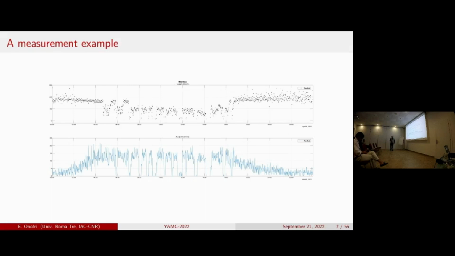Here we have a very simple sample of measurement data. This is a sensor that is measuring velocity, speed, and flux during an entire day. And you see this very, very high variation in flux. The velocity is something like constant, about 90 kilometers per hour.